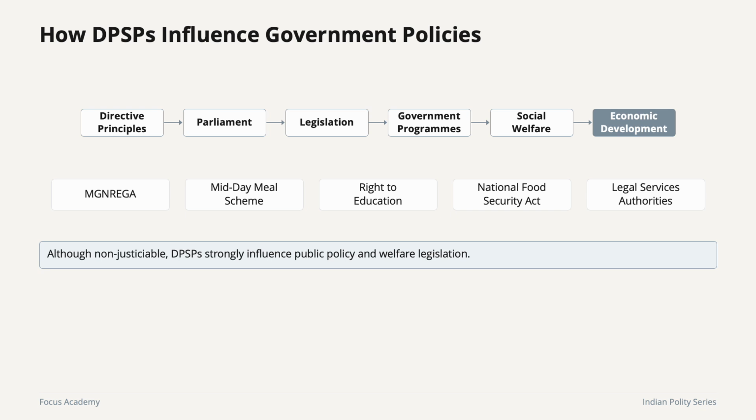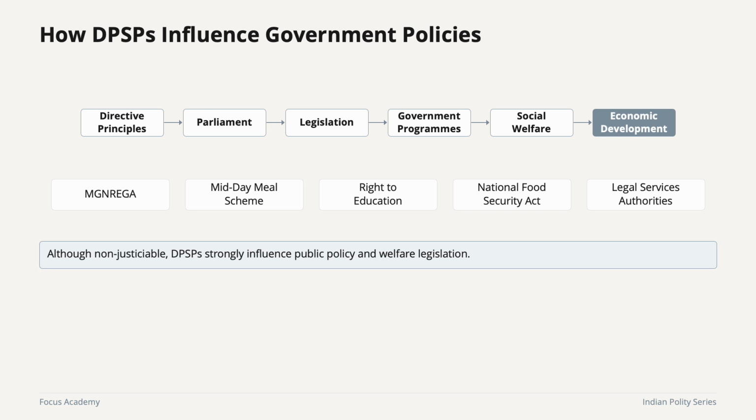They introduced the MGNREGA Act, whose implementation year is 2006. They legislated it in the Legislative Assembly, and then it became a government program, and for social welfare, they implemented it across the entire nation, which led to economic development.